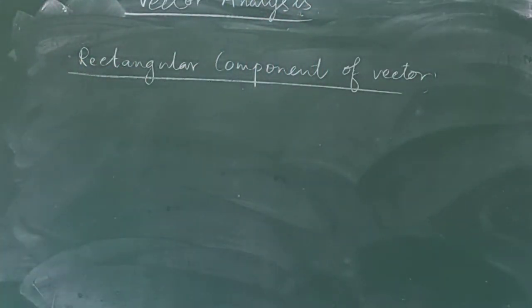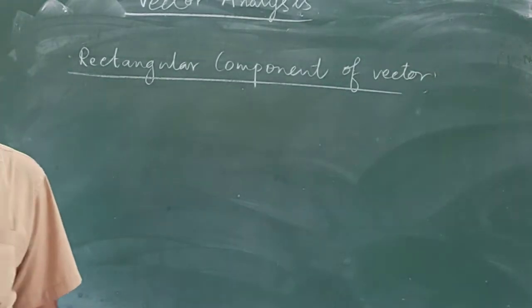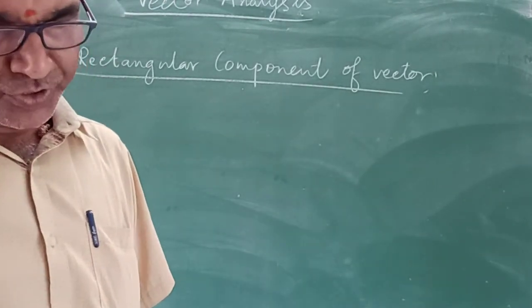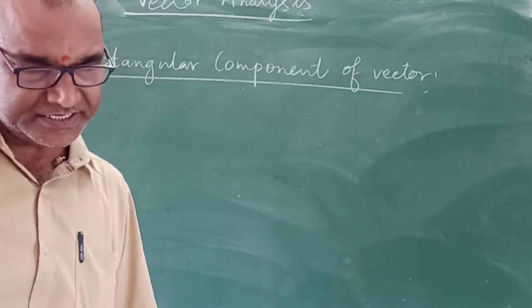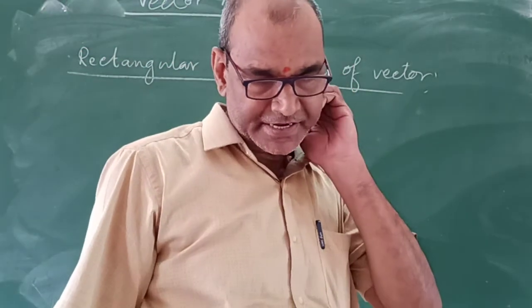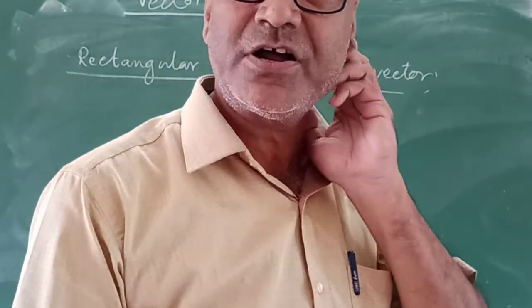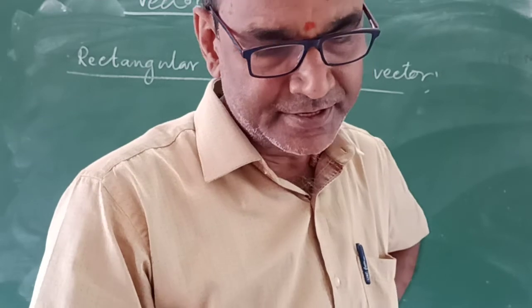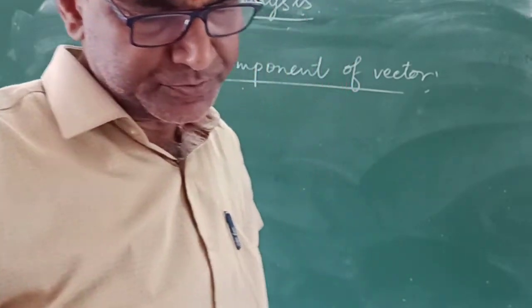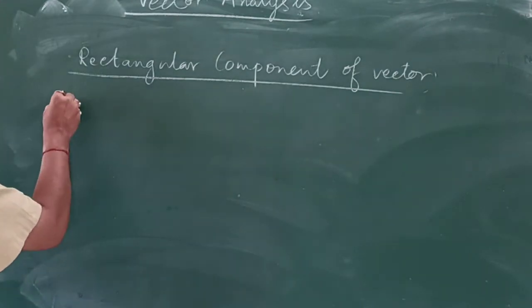The process of splitting a vector into two mutually perpendicular components, such components are called rectangular components of vector. The process of splitting of the vector into two mutually perpendicular vectors.